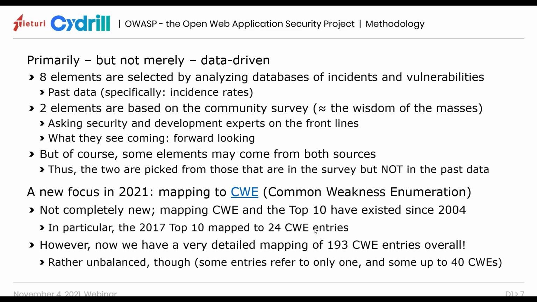But in 2021, we now have 193 separate entries. One of the entries on the OWASP Top 10, insecure design, actually contains 40 of these CWEs in itself. So if you look at it like this, the OWASP Top 10 is not really a top 10. It's much more like a top 193.